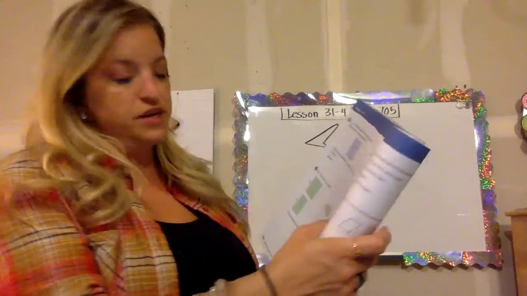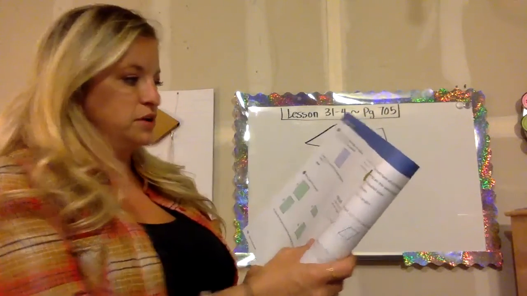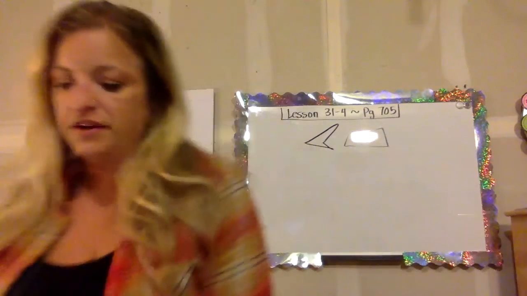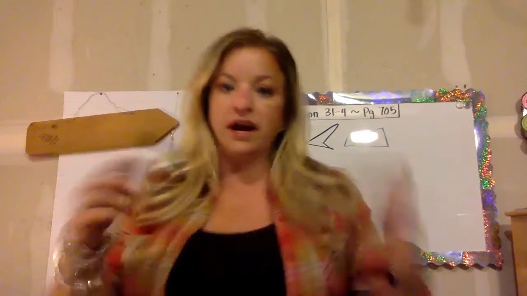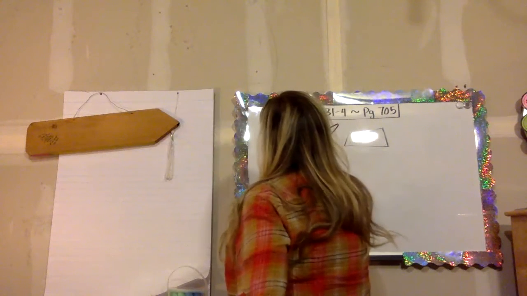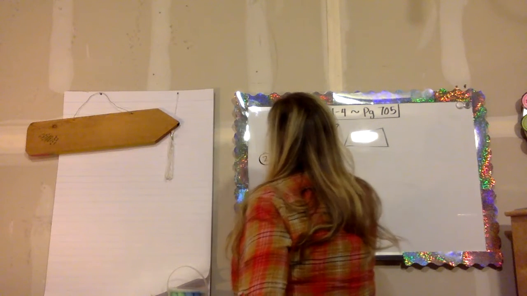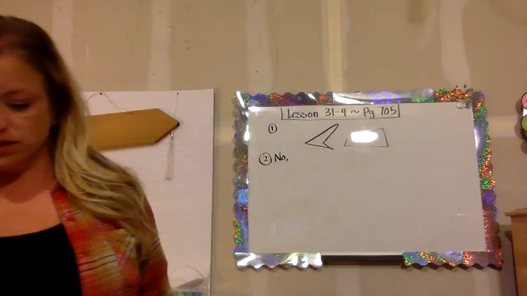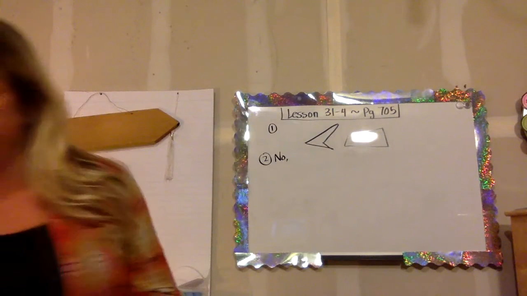No, neither of them are parallelograms because a parallelogram has to have 2 pairs of parallel sides. So the answer for number 2 is no, and it's a no because, again, there were no sides. Can you see that? That have 2 sets.